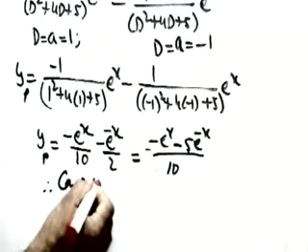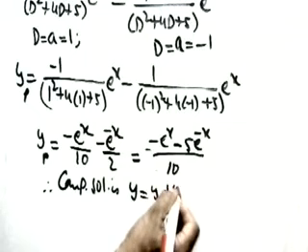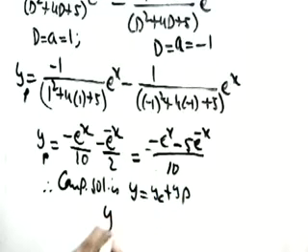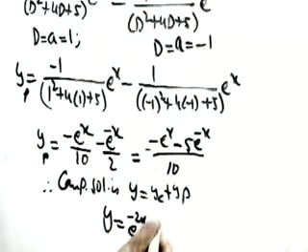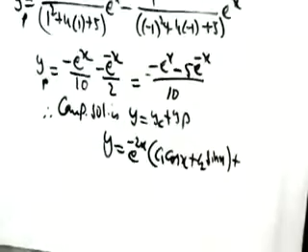Therefore complete solution is y equals to yc plus yp. Now y equals to yc, we already got e power minus 2x into c1 cos x plus c2 sin x, plus yp.